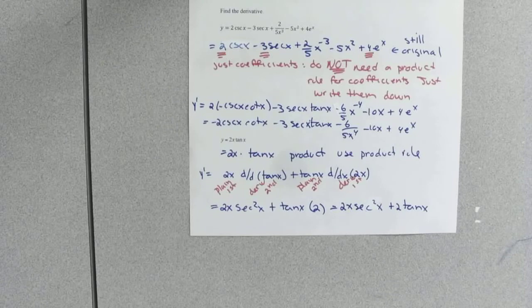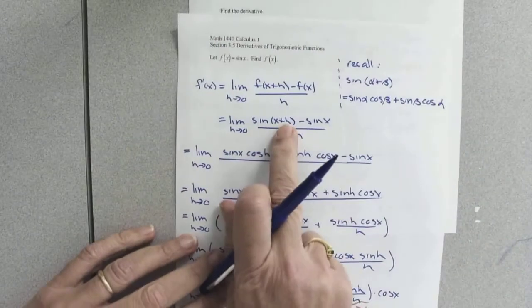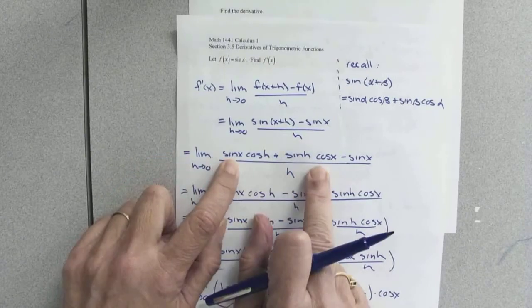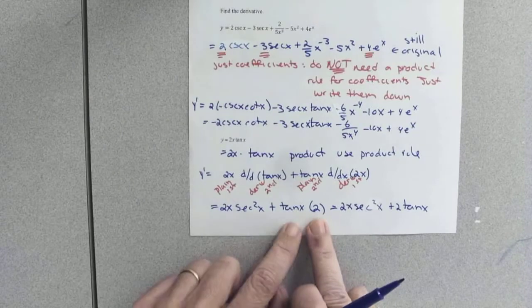Please note, it did not become tangent 2x. Your arguments, your angles, or your trig functions are not going to change unless you do some trigonometry. Over here, this argument of x plus h did change because we did trigonometry. Over here, you're not doing trigonometry.